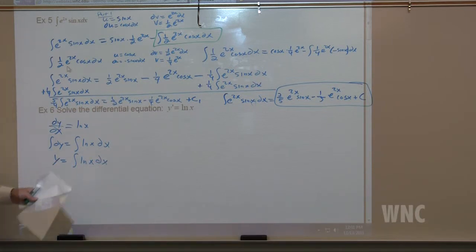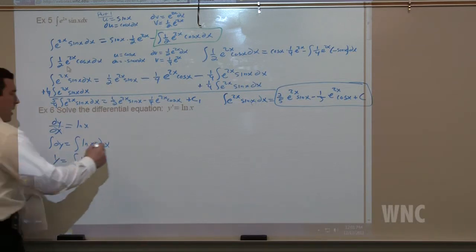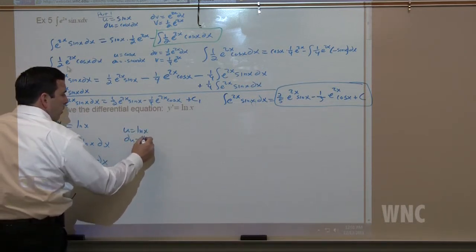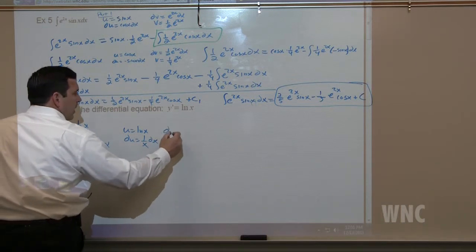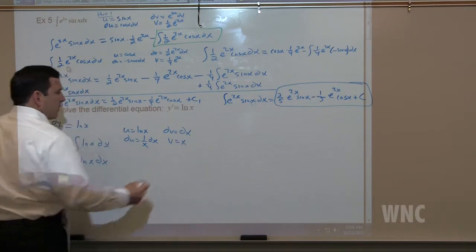You're probably thinking, well, I don't have a lot of choices for my u and my v. I have a function, I have a dx. So in this case, my u is going to have to be natural log of x, which means du is 1 over x dx. My dv is going to have to be dx, which means v equals x.